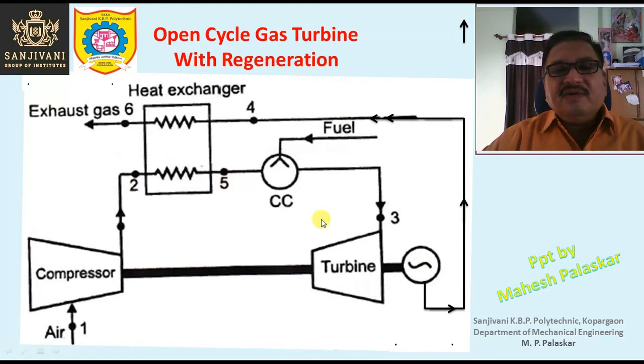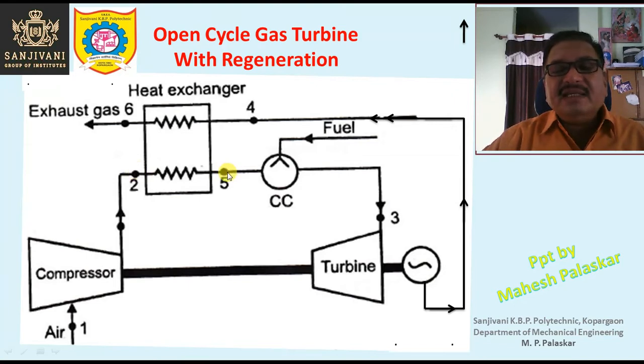Okay. So whatever exhaust gas is coming out from the turbine, it is having some heat energy. So that heat energy can be utilized to preheat the air before it enters the combustion chamber and after being compressed. So 2-5 is the process of preheating.